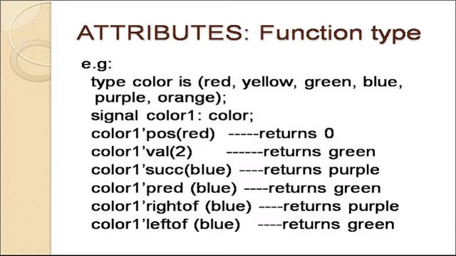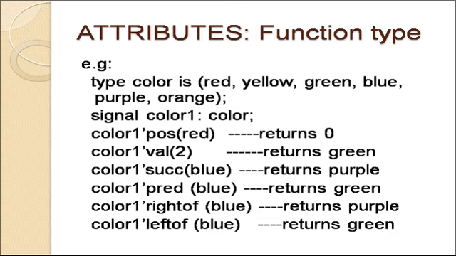Again, what is the declaration over here? The color is a declaration of type: red, yellow, green, blue, purple and orange. The highest value is orange and the lowest value is red. There is a declaration of only one signal, color 1, of the type color. This declaration has a very nice meaning.